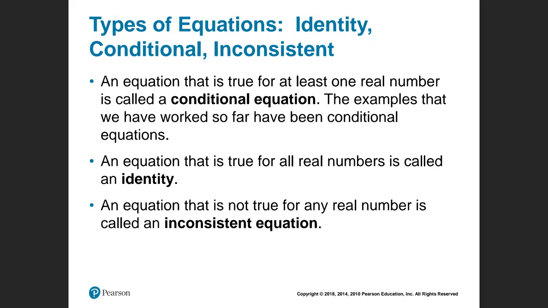The next one: an equation that is true for all real numbers is called an identity. The next one: an equation that is not true for any real number is called an inconsistent equation.